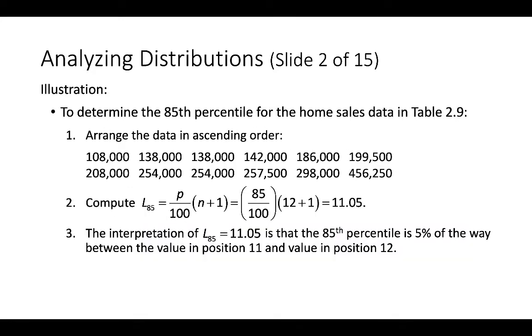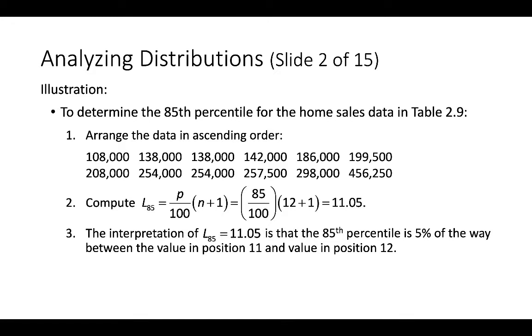Let's see how we determine the 85th percentile for the home sales price. So we have 12 data points or 12 observations. We first arrange the data in ascending order from the smallest price to the highest price. Then the second step, we compute the 85th percentile's position.